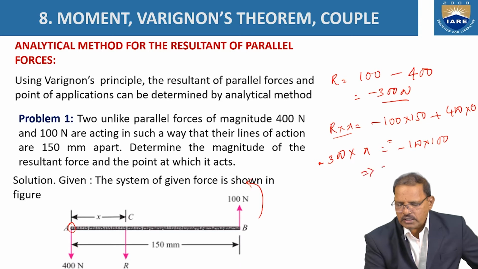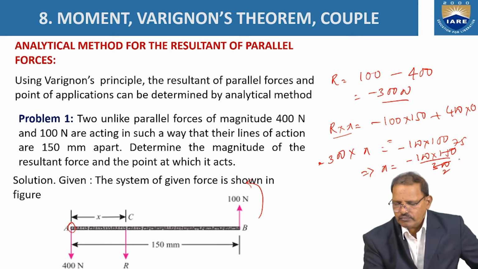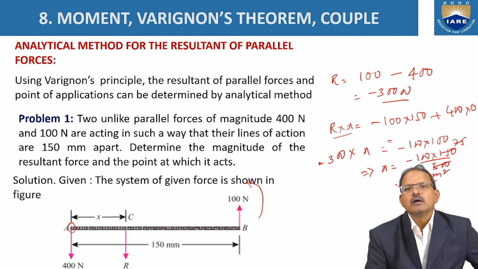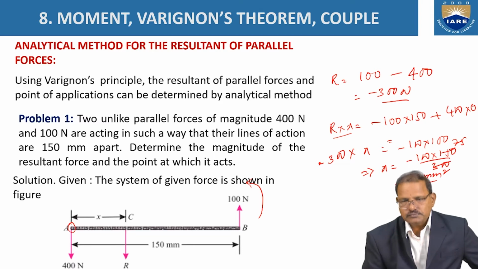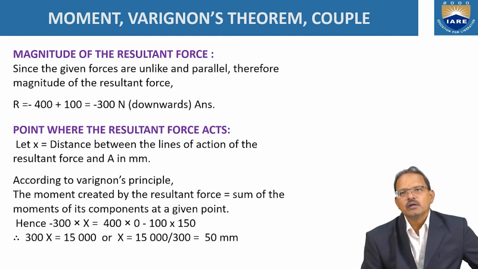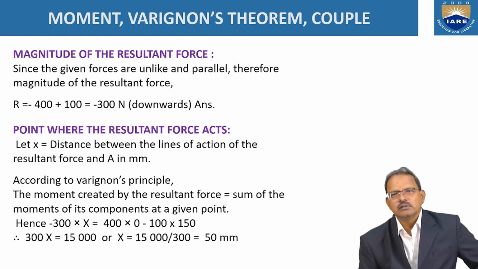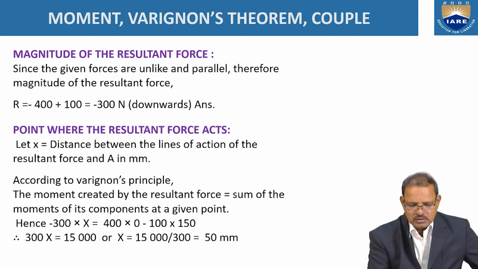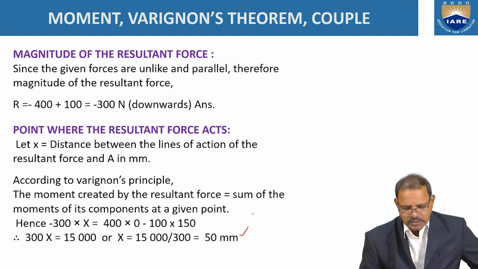From this relation, we can take x is equal to minus 100 into 150 divided by 300, which is equal to 50 mm. That minus sign represents it is acting toward point A. Okay, this is our answer now. So 50 mm.